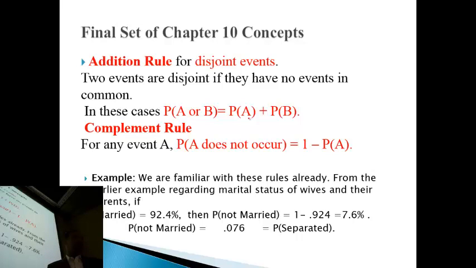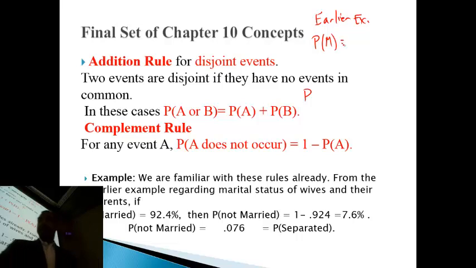So when you have disjoint events, you just add them up, right? Check this out. In my earlier example, the chance of being married was 0.924.